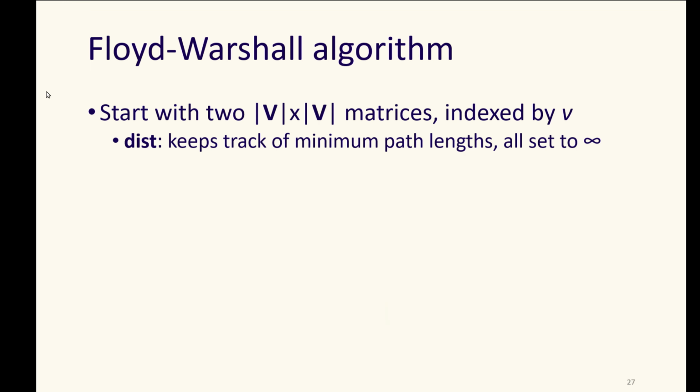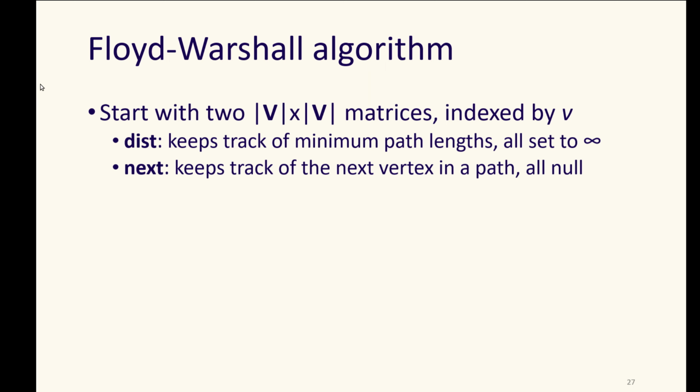So we start with two vertex by vertex matrices, or cardinality of vertices by cardinality of vertices matrices. That's hard to say. Indexed by the vertex, so that we could do things like look up the row for A and the column for B. It tracks the distance, meaning the minimum path lengths, which are all set to infinity to start with, and it tracks the next vertex in a path, which of course all start out as null.